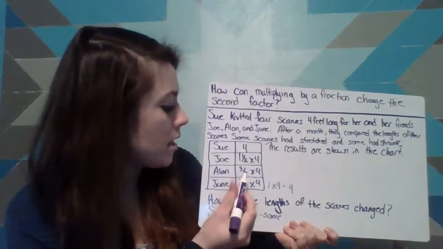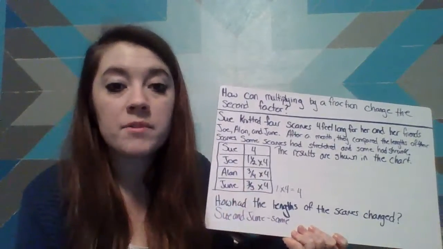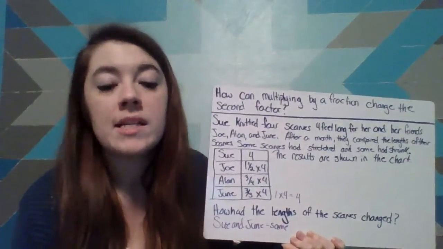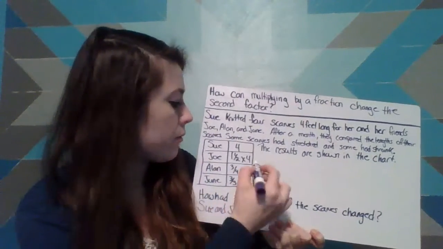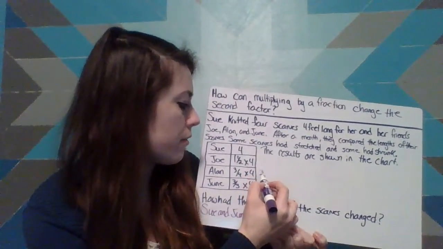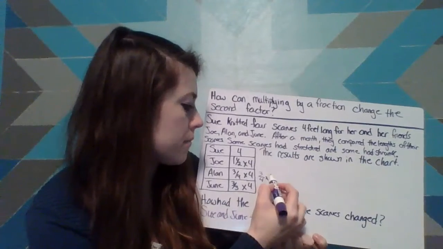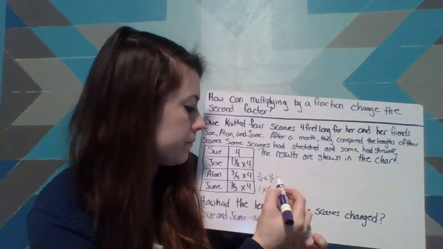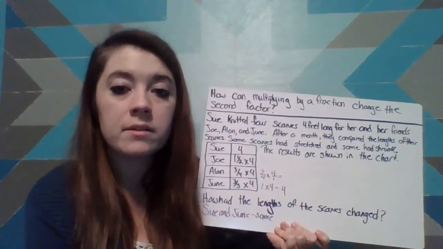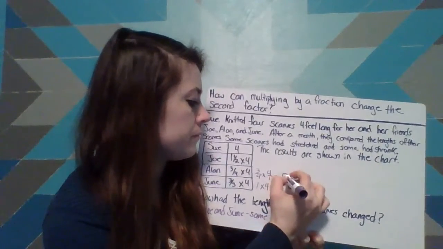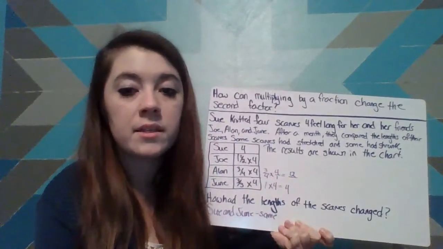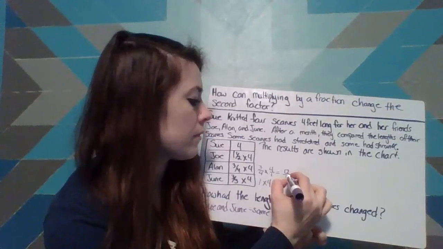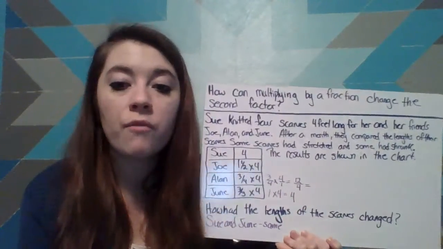So on Alan's, we're taking 3/4 times 4. So we're taking a fraction times a whole number. So remember, we do 3/4 times 4/1. 3 times 4 is 12. 4 times 1 is 4. Now we have 12/4.